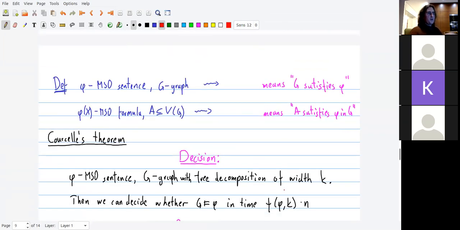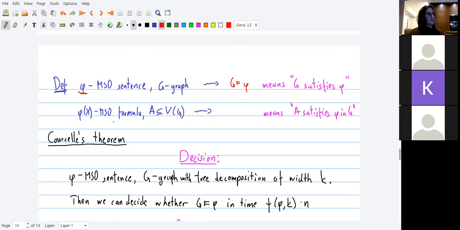So now, if I have an MSO sentence, where a sentence is a formula without any free variables, I can write that the sentence is satisfied in a graph, and read it as G is a model for phi.